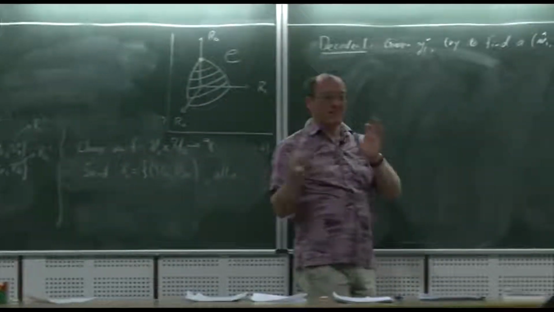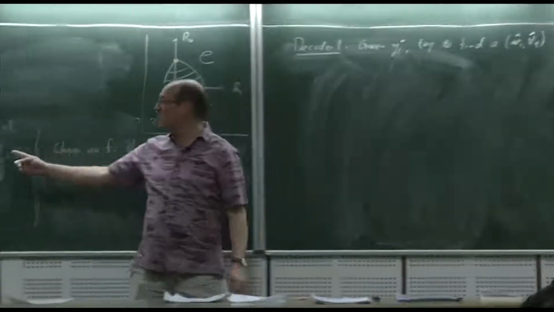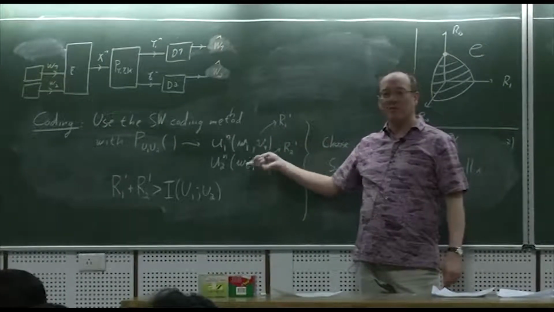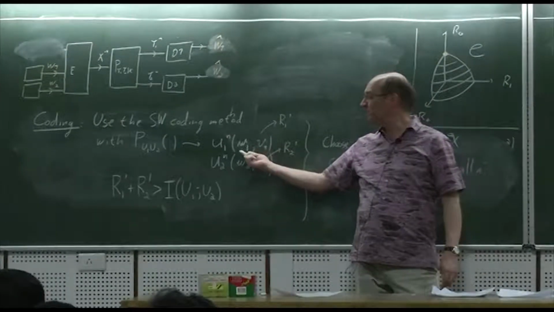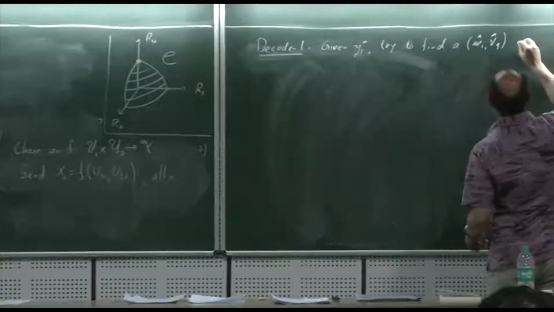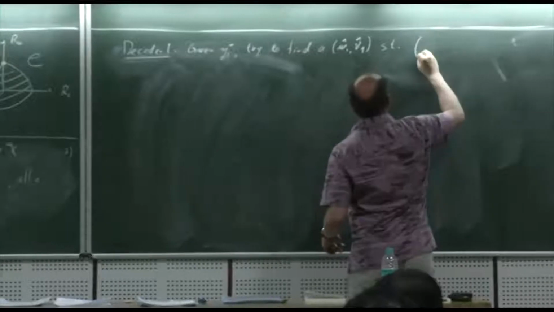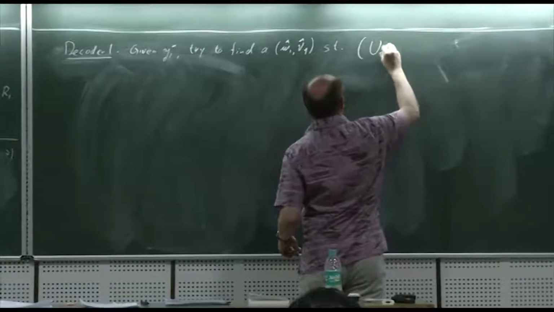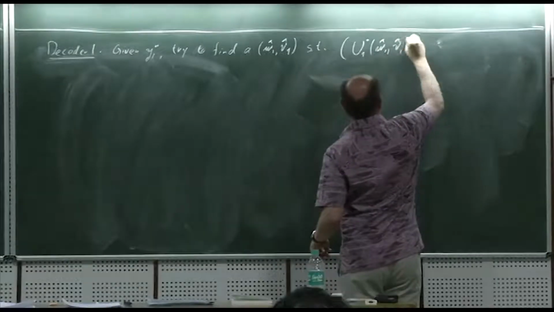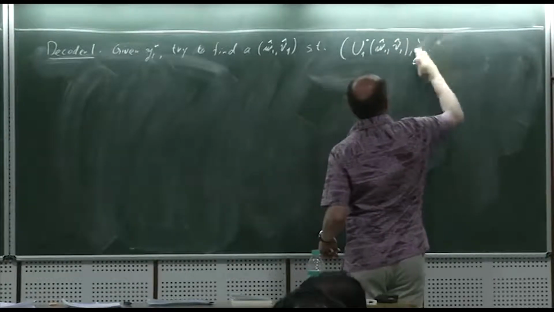So we could try to come up with something where it's only decoding this in a maximum likelihood way and considering the V1s to be random in some way, but it turns out the rates we get for both are the same. But anyway, we're just looking for a pair U1^n, W1 hat, V1 hat that is jointly typical with little y1^n.